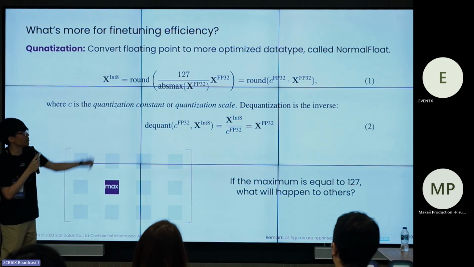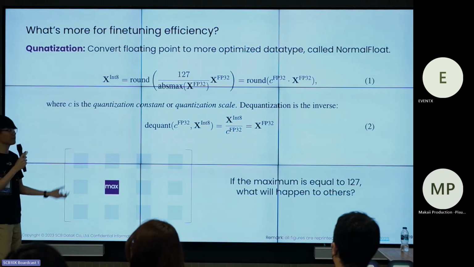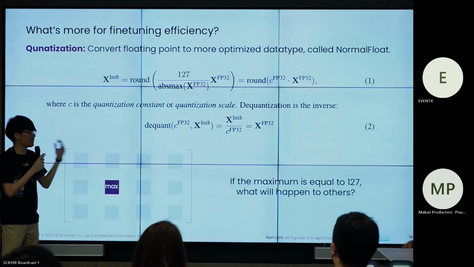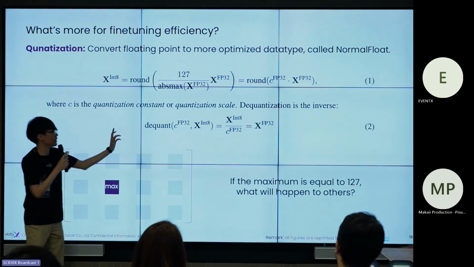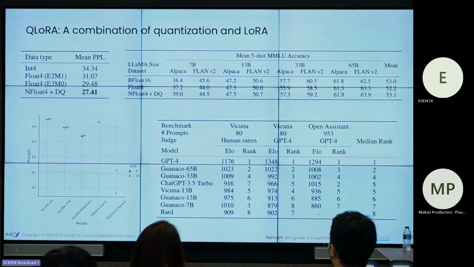And then we do the calculation based on that. And we can also convert back from the quantized data type to the original by a process called dequantization. With this, we can save a lot of the memory required by the model.